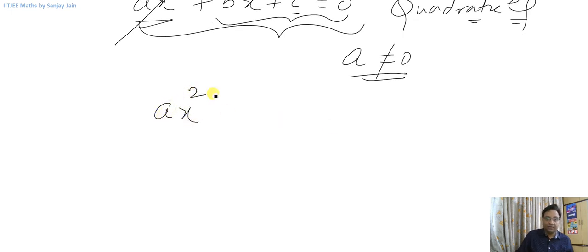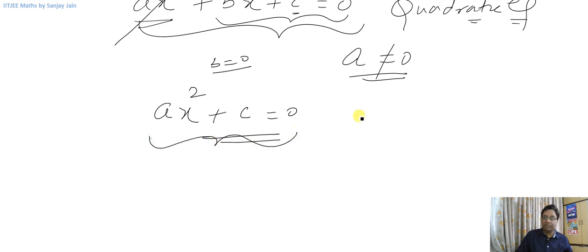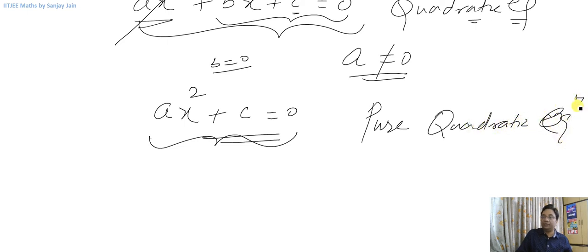For example, if let us say b is equal to 0, then you will have ax square plus c equals 0, and this format of quadratic equation is known as pure quadratic equation, right?